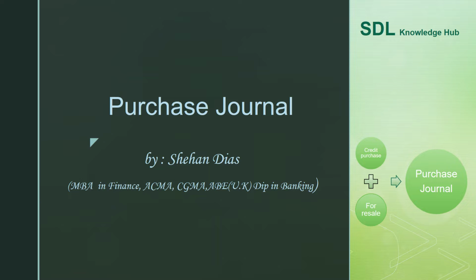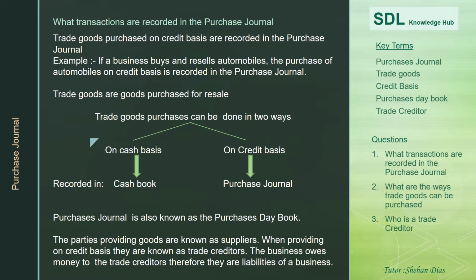So today we will look at another prime entry book, which is the Purchase Journal. So let's move into today's video. First, we will look at what transactions are recorded in the purchase journal.